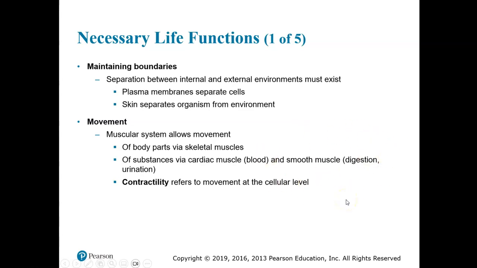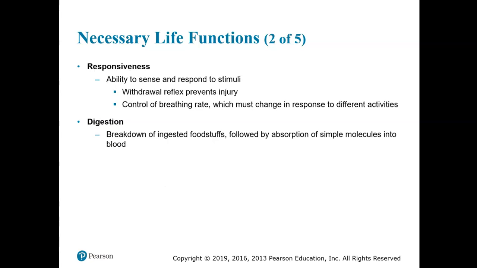So the movement of those components through the digestive tract, and urination is the movement of urine through the urinary system. At the cellular level, movement is called contractility, when our muscle cells contract.